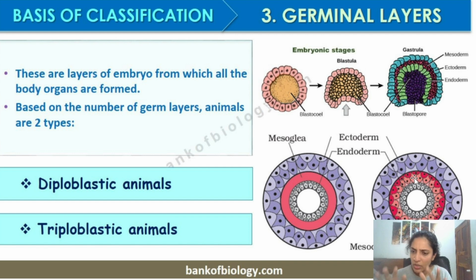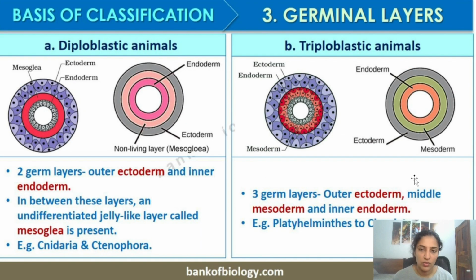If your body develops three different layers, then it is called triploblastic. There are some organisms that will not develop three different layers, they will develop only two layers. You call those diploblastic organisms. So you can see here how the development goes. In the case of diploblastic, instead of mesoderm, they have a mesoglea. Mesoglea is a jelly-like layer, and mostly this is in diploblastic animals.